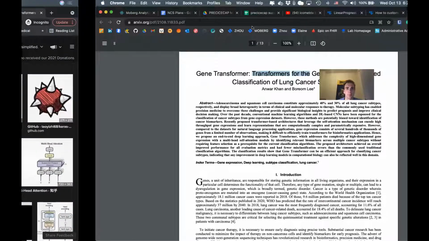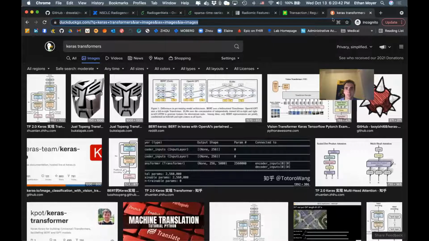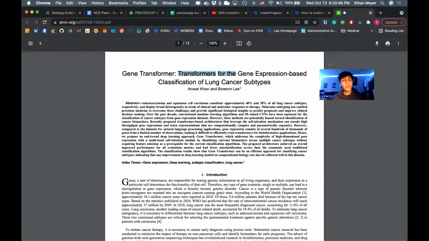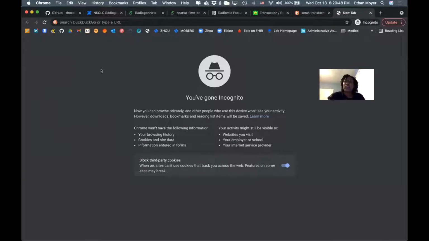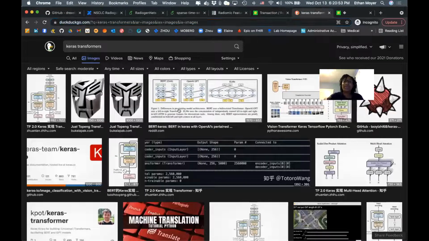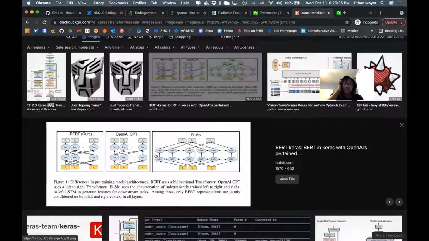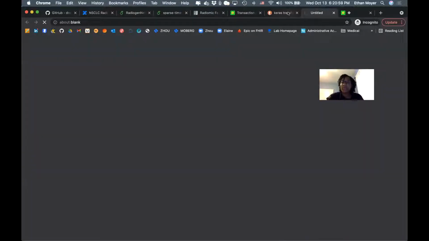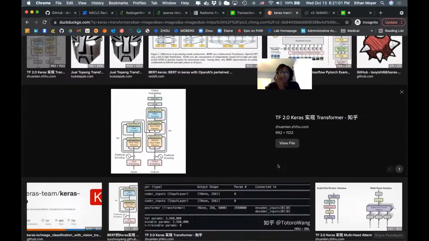What are transformers? It's like an algorithm. It's a new thing. They come up with new things every single day. It's a deep learning model, and it takes each feature from the input data and weighs it based on significance, basically.